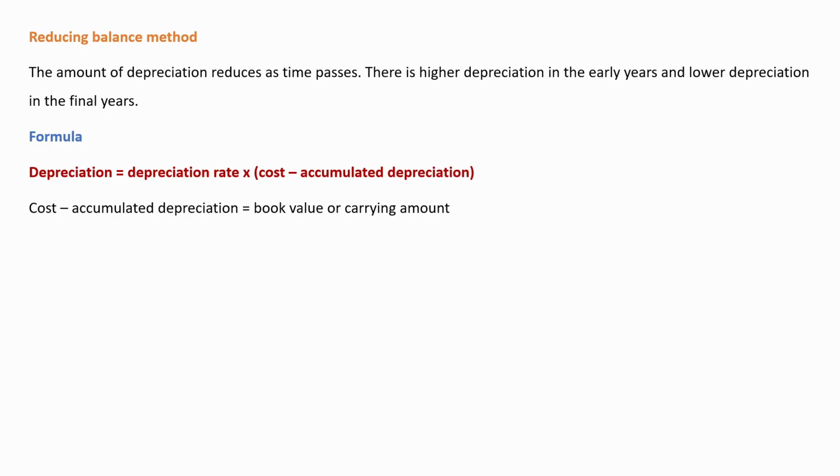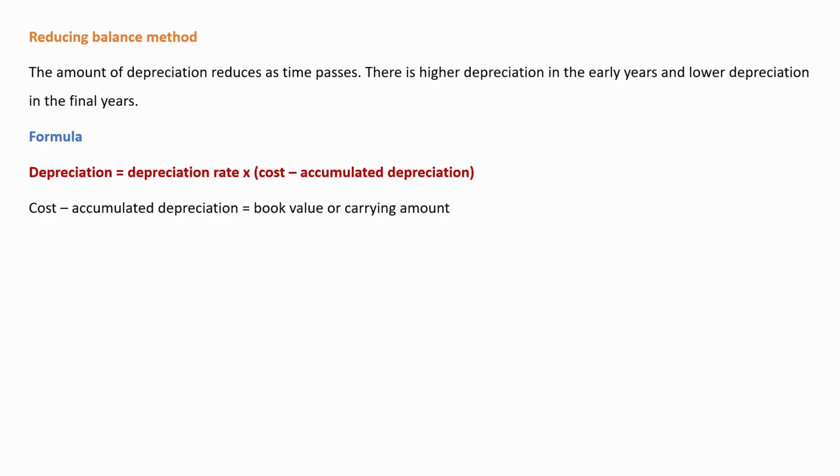Unlike the previous method, in this method, depreciation is not going to be constant. In year 1, you will have a higher amount. In year 2, a different amount which will be lower, because the remaining balance is less. The value of the asset reduces with the time.